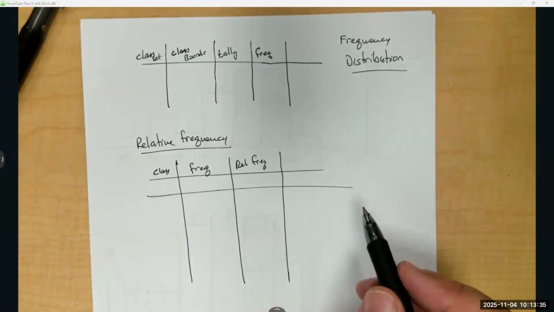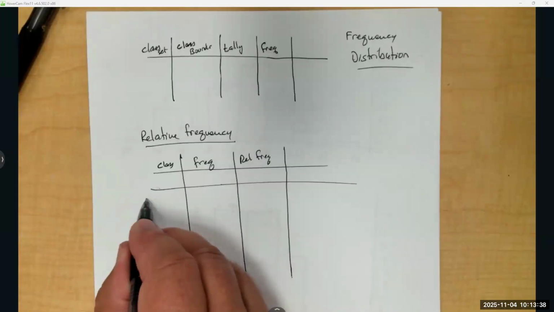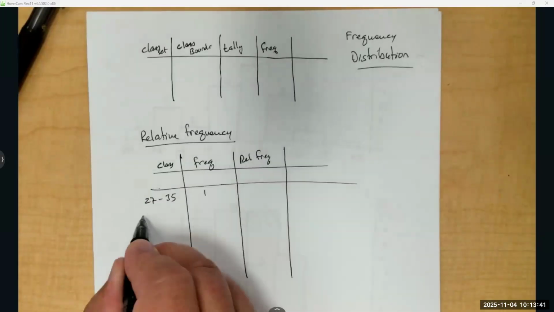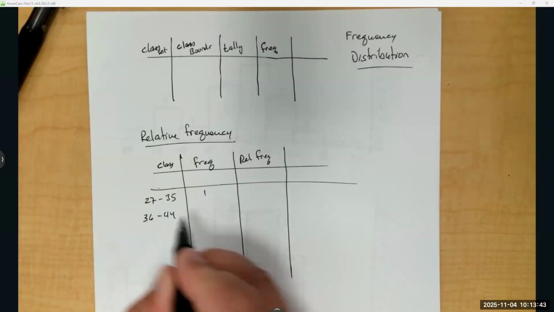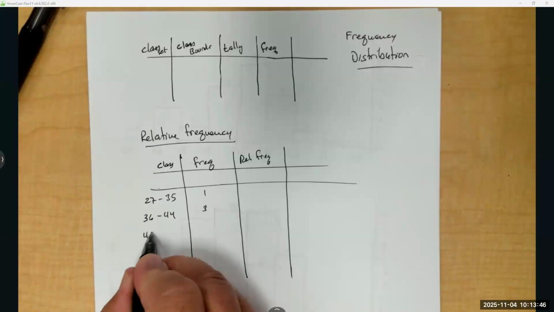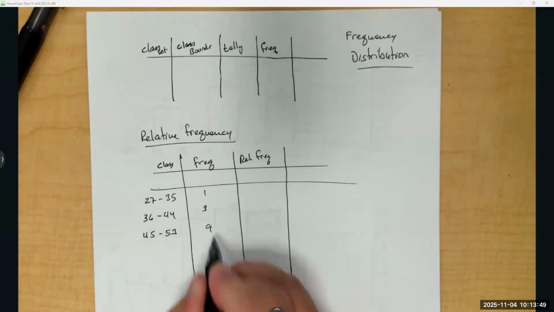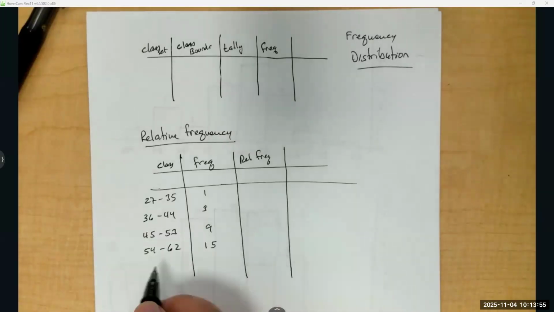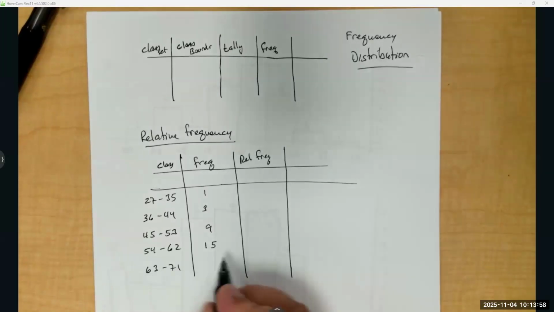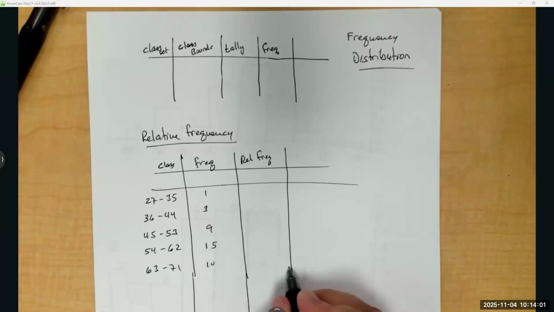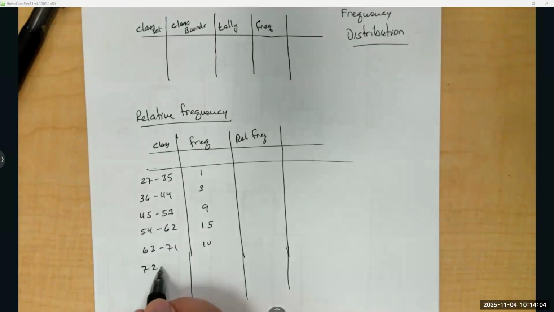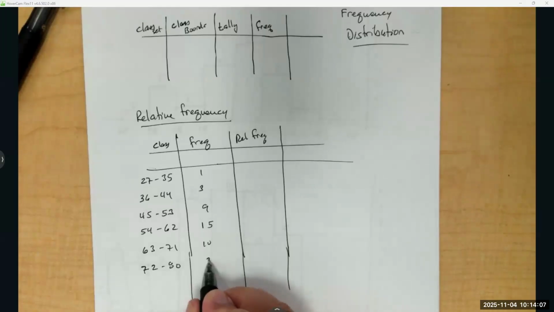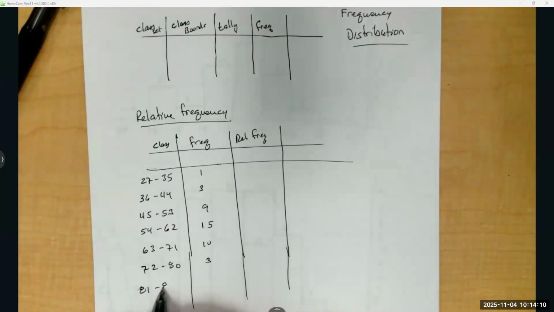So in the first one, we had 1 for 27 to 35, 3 for 36 to 44, 3 for 45 to 53, 9 for 54 to 62, 15 for 63 to 71, 10 for 72 to 80, 3 for 81 to 89, 7 for 90 to 98, and 2.